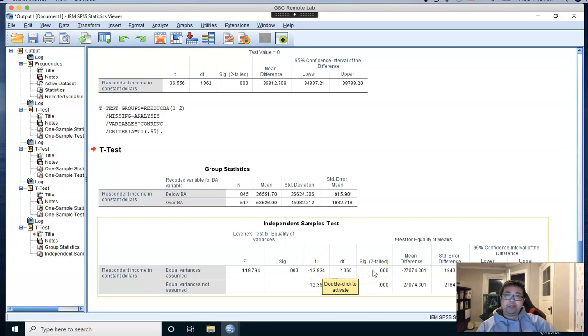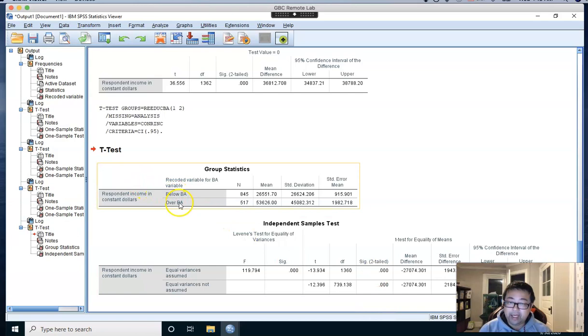As I told you in the previous video, if the p-value, I mean the significance value, is below 0.05, it means that there is a statistically significant difference between below BA and over BA in the level of income. So in terms of mean income level, those two education groups are statistically significantly different from each other, right?